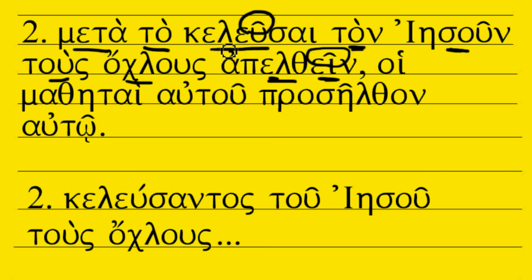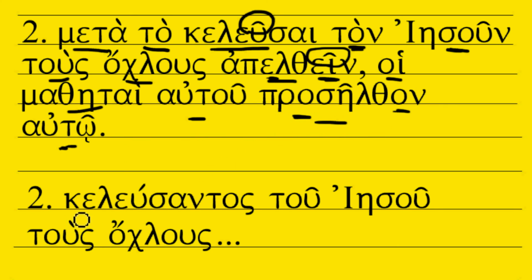So after Jesus had commanded the crowds to go away, and then hoi mathetai, the disciples of him, his disciples, proselthon, they went, third person plural, auto, to him. You could have, of course, used a form of simply elthon, pros auton, if you'd wanted to. Either way, I use proserchomai, which takes the dative.